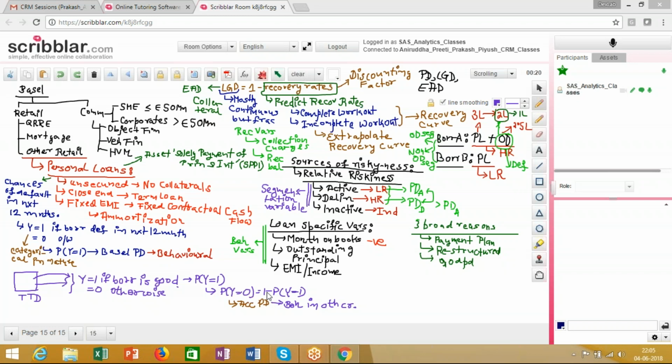Now, under IFRS 9, we know that it is the provisioning regulation that banks are looking to get compliant to.